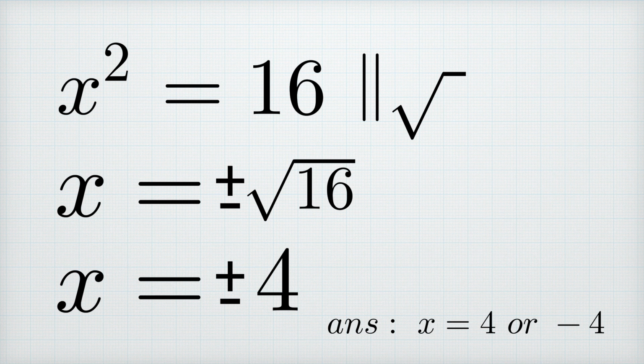In other words, here we are solving for what values x can have to make this equation true. And because x is raised to an even power, we also need to include the negative value. So the plus minus sign is used due to the exponent and not because of the square root. The square root of 16 is still only 4 and not also minus 4. So an important difference here to pay attention to.